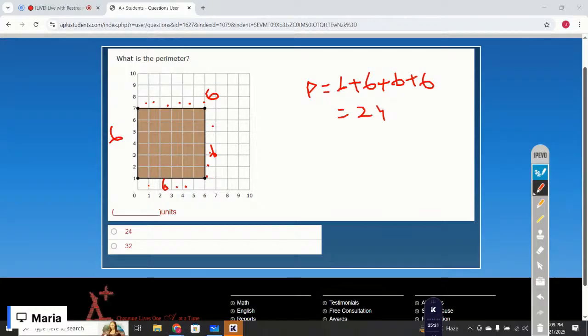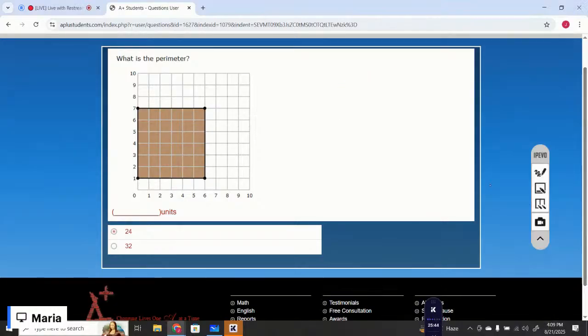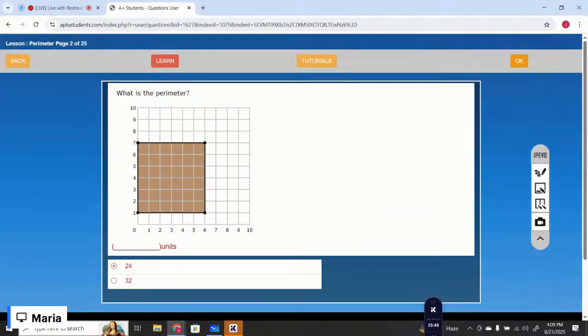That is 24. So 24 it is. Option number 1 is the correct option.